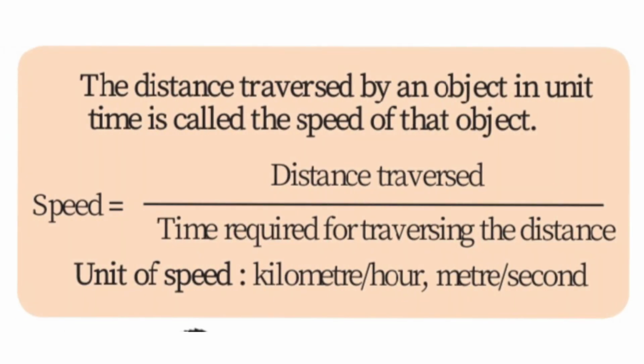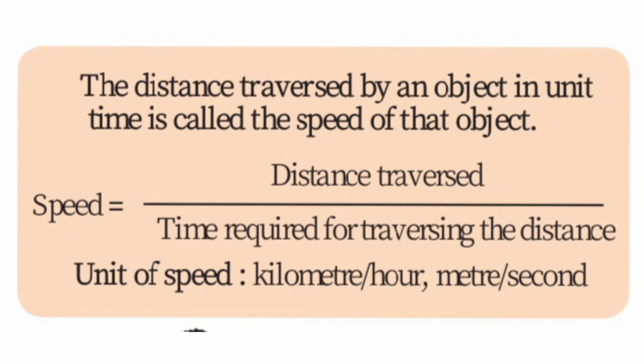The distance traversed by an object in unit time is called the speed of that object. So, let us see the formula to find out speed. Speed is equal to distance traversed divided by time required for traversing the distance.